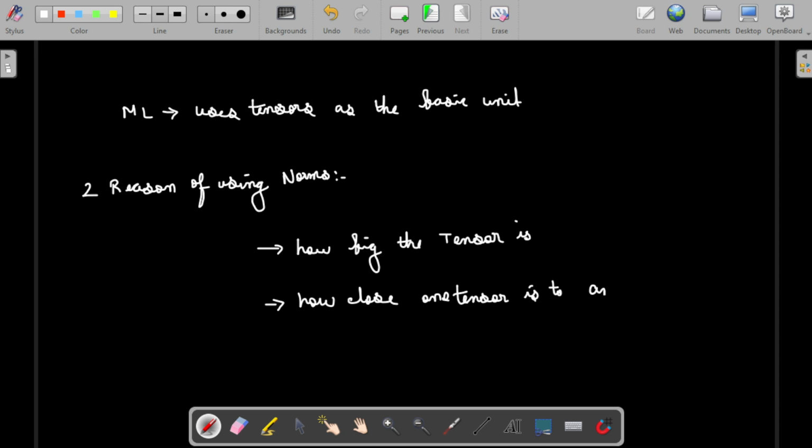This is used to find some correlation between things. If we represent it, there will be two vectors, one here and one here, and there will be a distance connecting them.